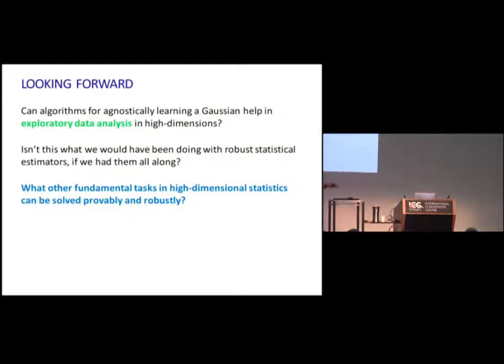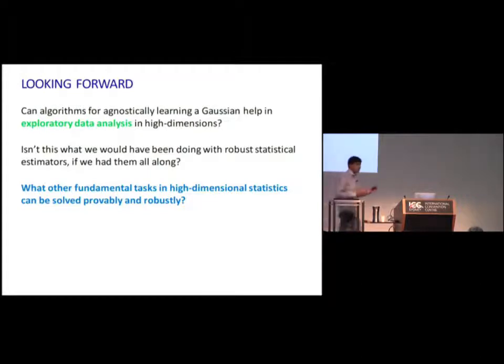But there's a lot of work in supervised settings, things like trying to learn a linear separator in the presence of noise. And unfortunately, those problems in high dimensions turn out to be very, very difficult. Not only do they seem to be hard, entire cryptographic schemes are based on the assumption that you can't actually solve those problems. So now that we do know some problems that really can be solved, which are robust estimation problems in high dimensions, it begs the question, well, what else can be done?